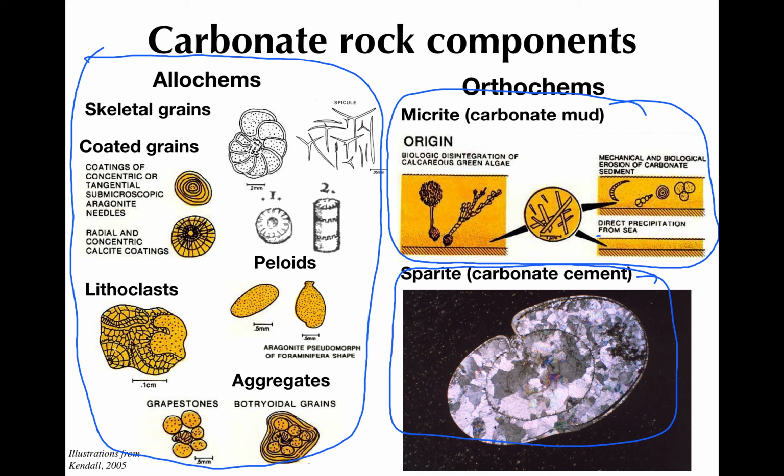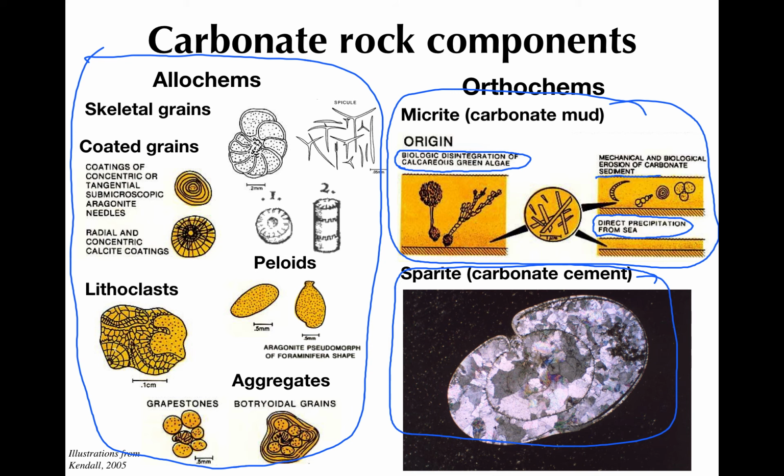One is direct precipitation from the water column. Another is the disintegration of calcareous green algae that produce carbonate around them, and then when they die, that carbonate ends up spreading across the seafloor as mud.